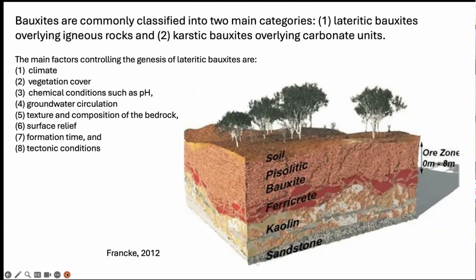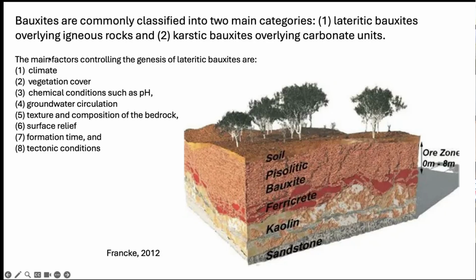All right, so they're generally classified into two categories: lateritic bauxites, overlying igneous rocks, and karstic bauxites, overlying carbonate rocks. So here you see a typical deep weathering soil profile, with the bauxite in between, and then the sandstone at the base in this case.